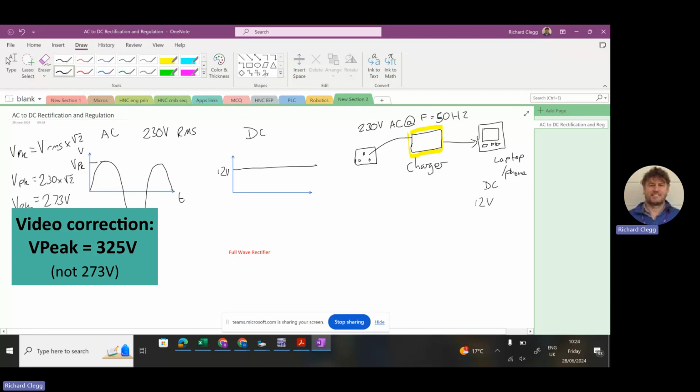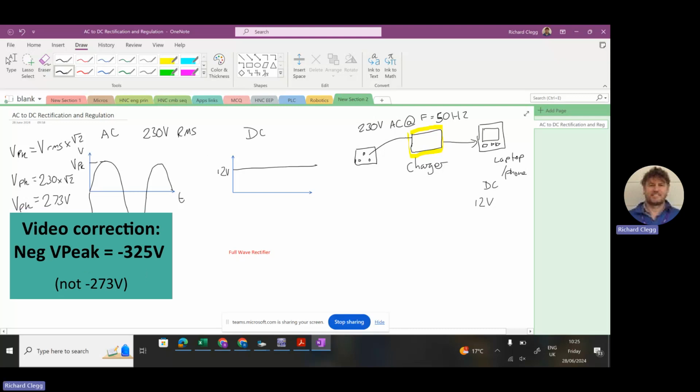Obviously the value that goes down here will, at the minimum, be minus 273 volts, and this is plus 273 volts.